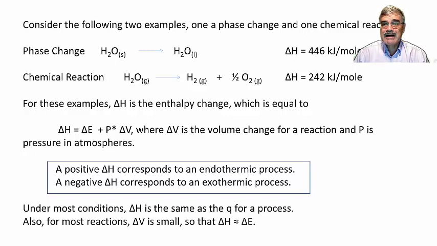That is, if we have a positive enthalpy change, delta H, this corresponds to an endothermic reaction, one in which thermal energy would be transferred from the surroundings into the system. If we have a negative enthalpy change, this corresponds to an exothermic reaction in which thermal energy is given off from the system into the surroundings.